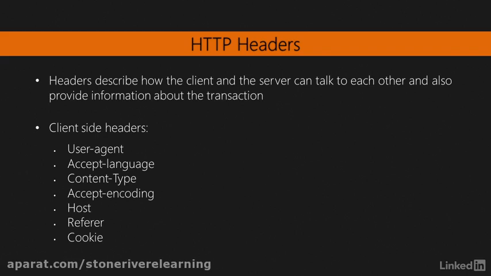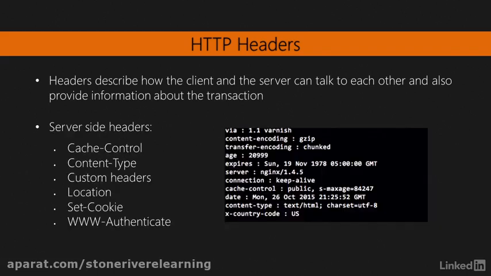Referer contains the referrer URL, basically from which page you clicked that link. Cookie. If our browser has cookies for a site, it will add them in the Cookie header. And we also have server-side headers, which are set by the web server. Cache-Control defines the directives which must be obeyed by all caching mechanisms along the chain.